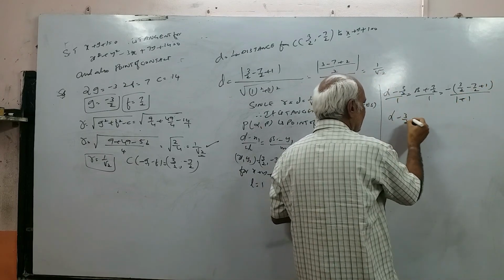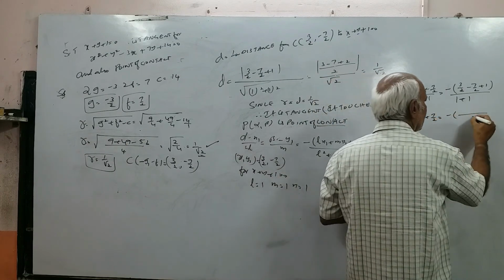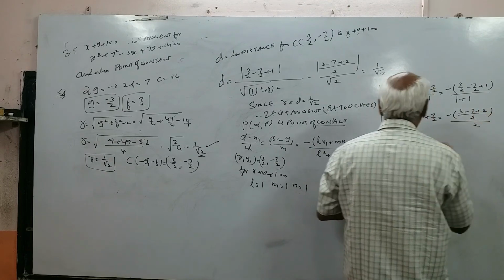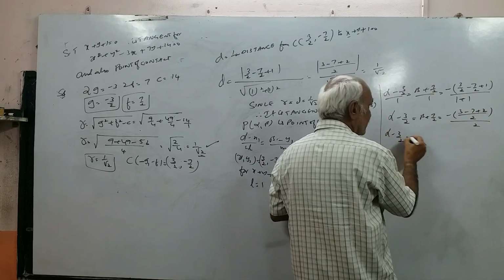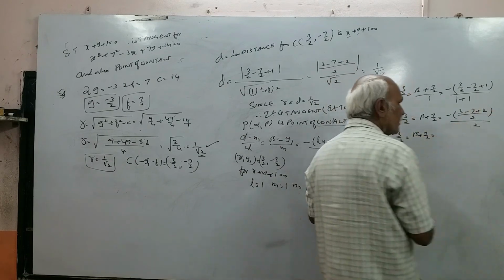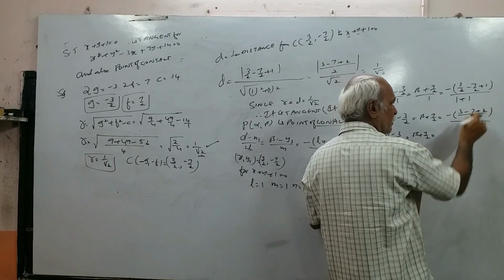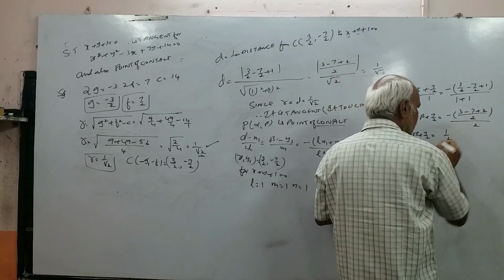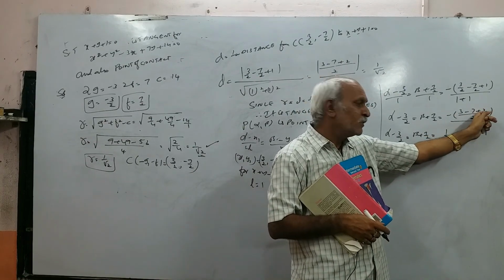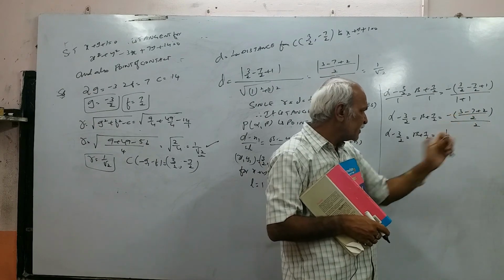So alpha minus 3 by 2, beta plus 7 by 2, is equal to minus of, LCM is 2, 3 minus 7 plus 2 by 2. Here 5 minus 7 is minus 2, minus of minus is plus, 2 by 2 is 1. So 1 by 2. Again 3 plus 2 is 5, 5 minus 7 is minus 2, minus 2 by 2 is minus 1, because the outside minus is there, 1 by 2.